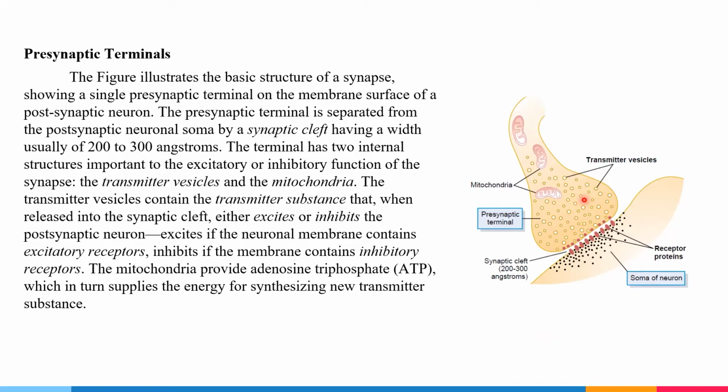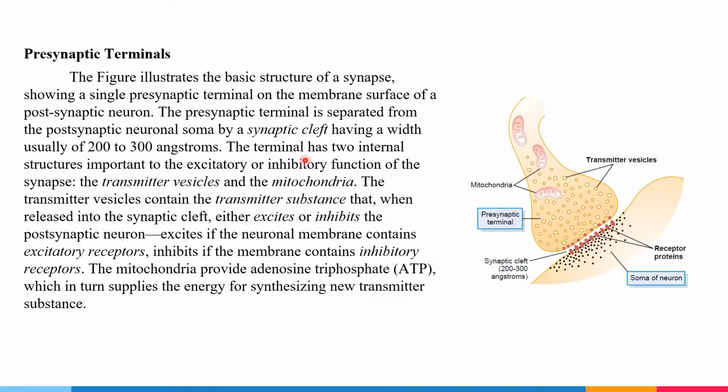The figure here illustrates the basic structure of a synapse, showing a single presynaptic terminal on the membrane surface of a postsynaptic neuron. The presynaptic terminal is separated from the postsynaptic neuronal soma by a synaptic cleft, which has a width of usually 200 to 300 angstrom.